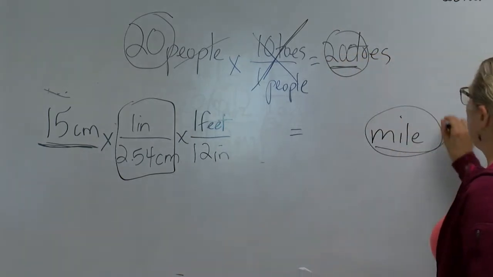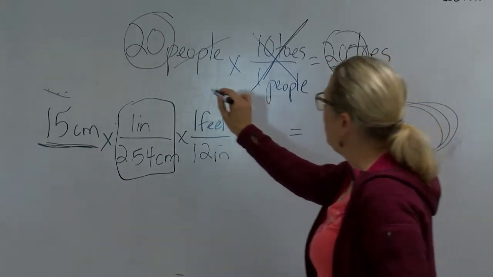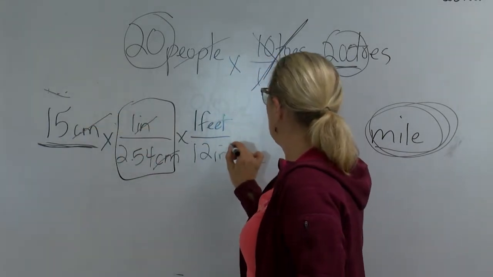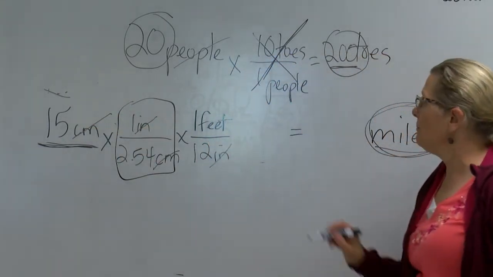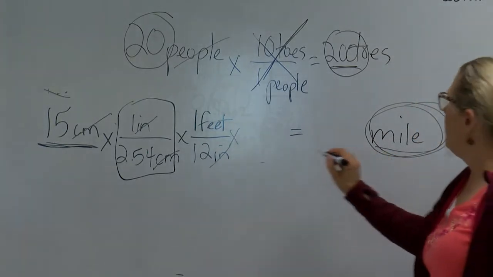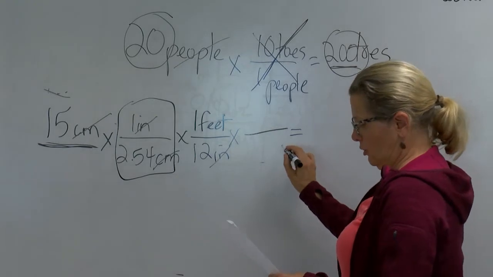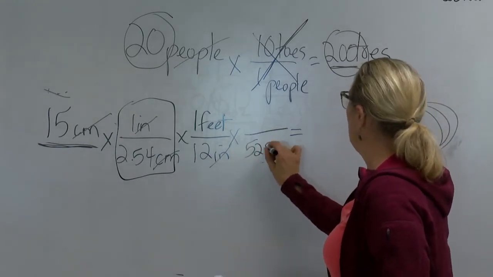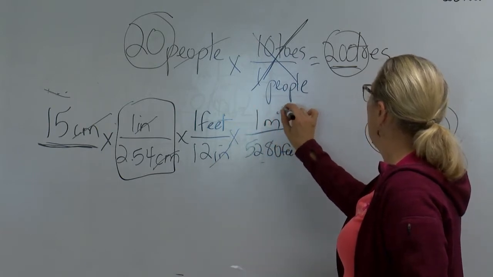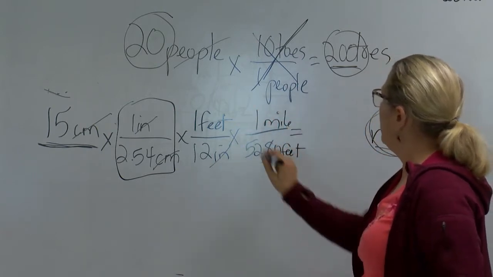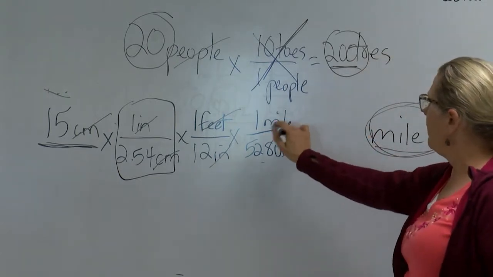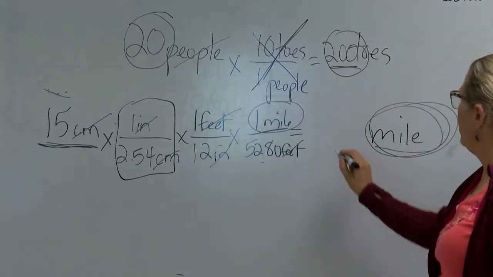Remember, we want to end up with miles, so each time we cross something out, we want to be closer and closer to miles. Now we know that there are 5,280 feet in 1 mile. Get rid of feet. Now we've got our answer in miles.